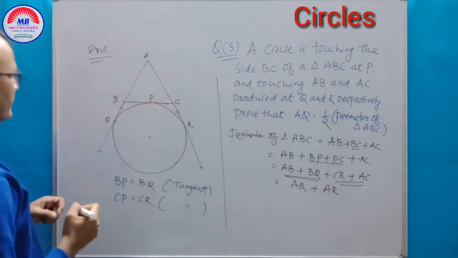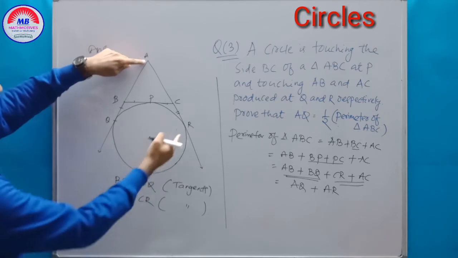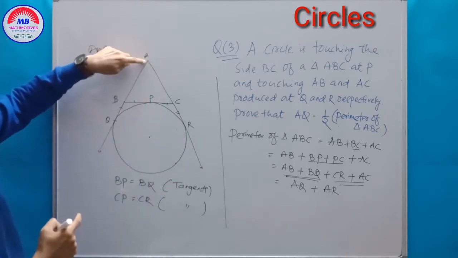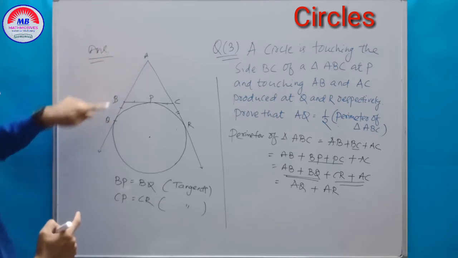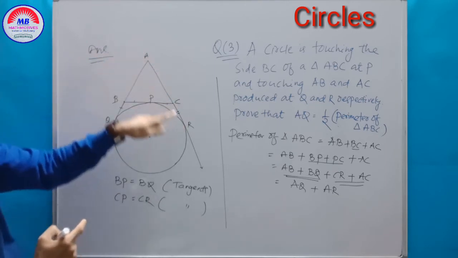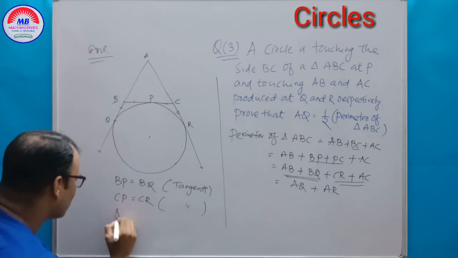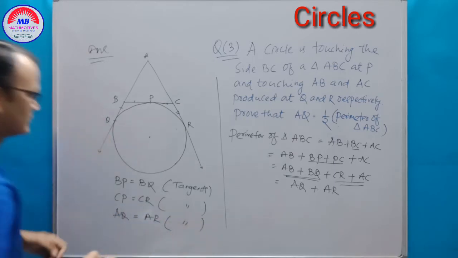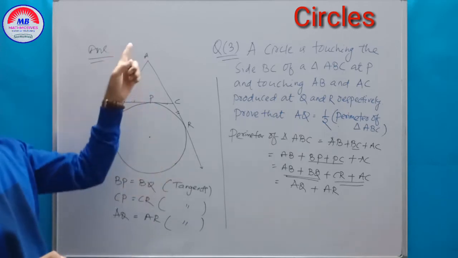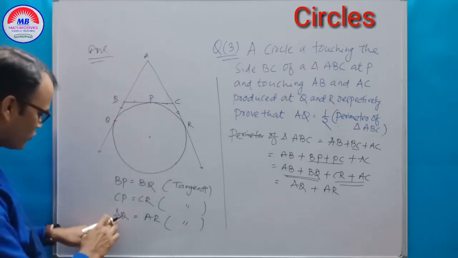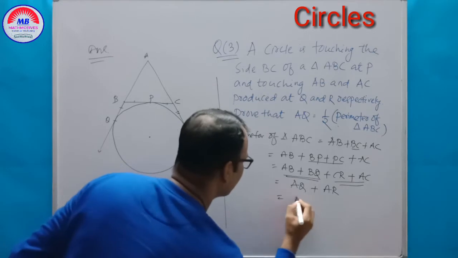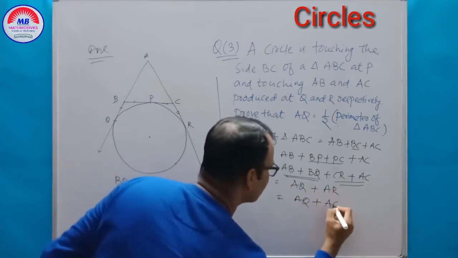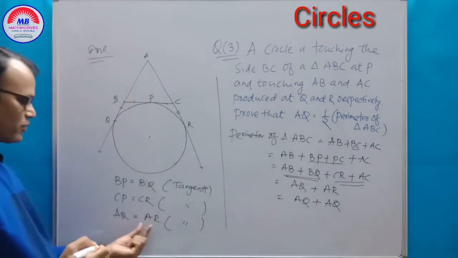Now you see, this is the circle and this is the external point A, from which we draw tangents. So AQ and AR are two tangents from point A, so AQ equals AR.